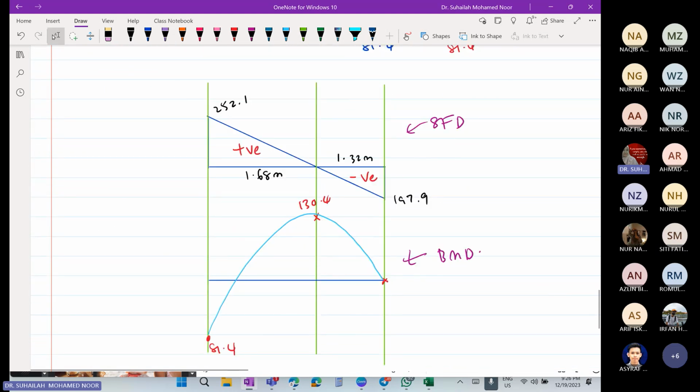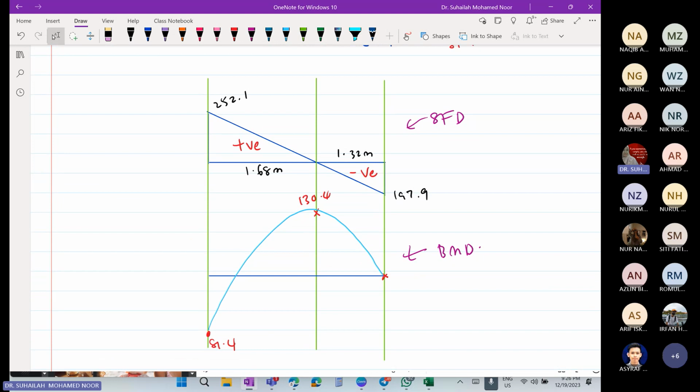Okay, so if we want to analyze this member CD only separately, we will do like this. Just focus on member CD because member AB and member BC do not have any effect. Okay, so just focus on this. So this is the salient point.